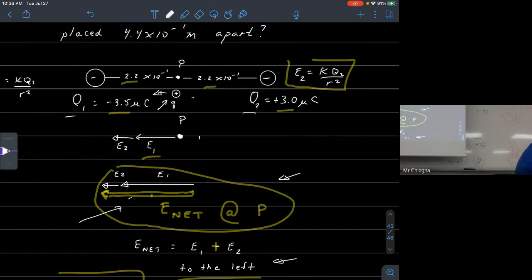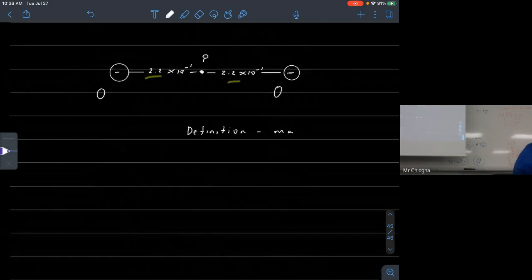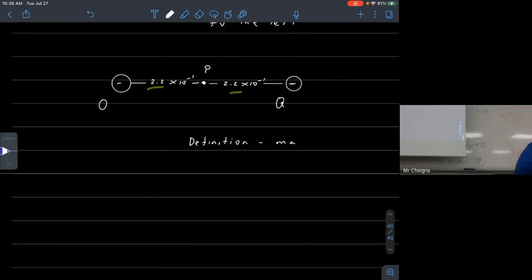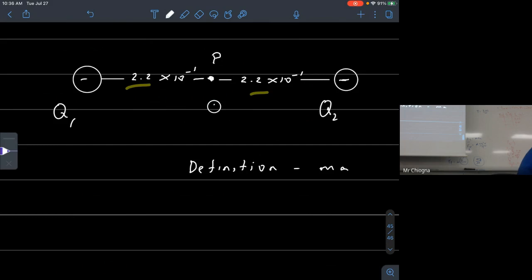This originally was positive. If you change it to a negative here, so this is Q2, this is Q1, then you'd get what I said earlier. Put a little positive test charge here. The test charge, due to this second charge, would feel pulled in this direction.